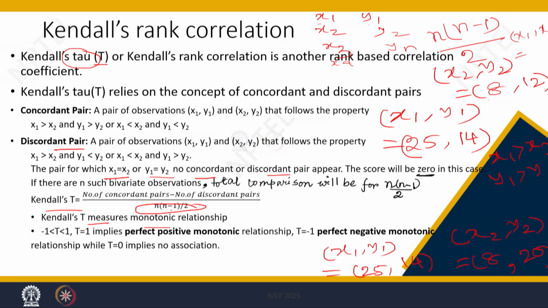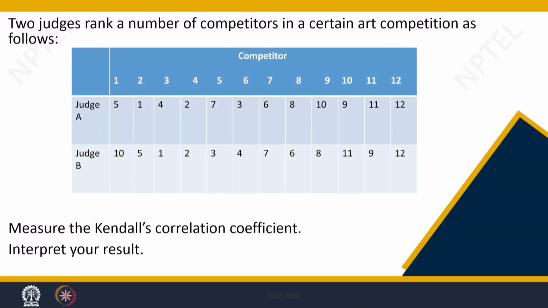T equal to 1 implies a perfect positive monotonic relationship, T equal to -1 implies a perfect negative monotonic relationship, while T equal to 0 implies no association. Clear?